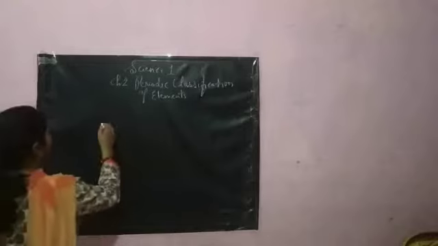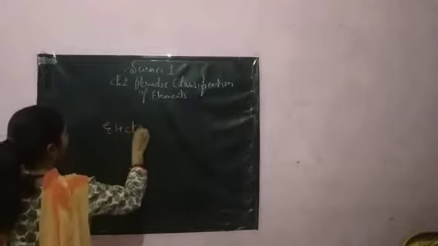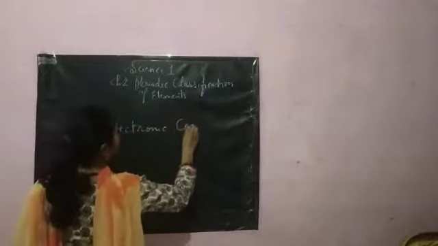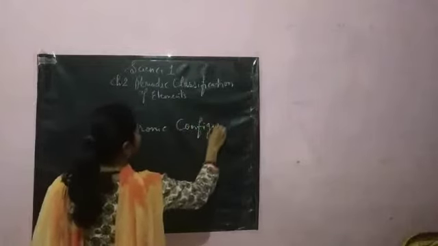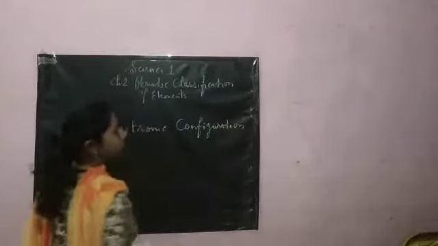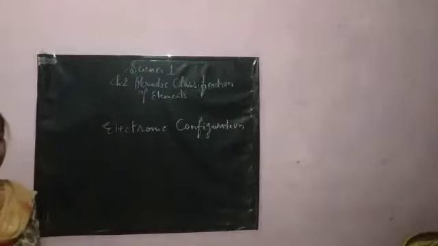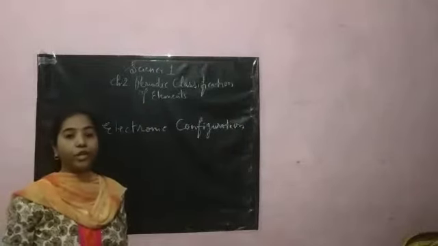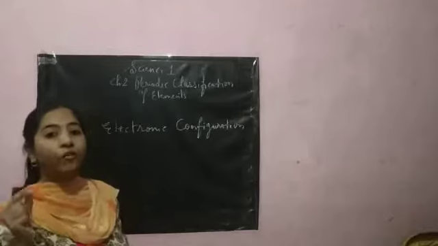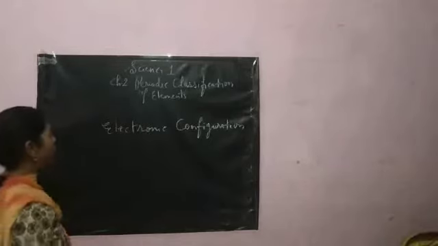What do you understand by electronic configuration? Electronic configuration is the arrangement of the electrons into the various shells of an atom. For understanding electronic configuration, we should know the structure of an atom. So how is the structure of an atom?